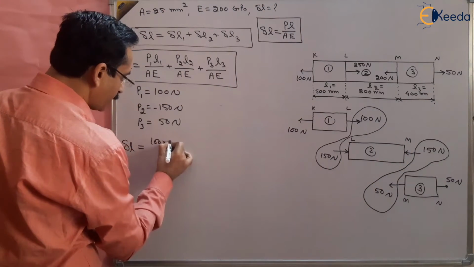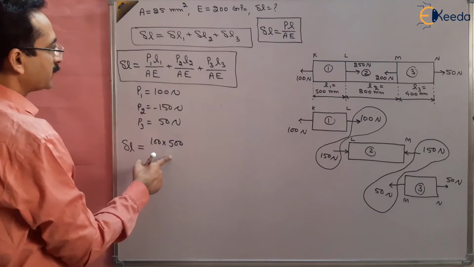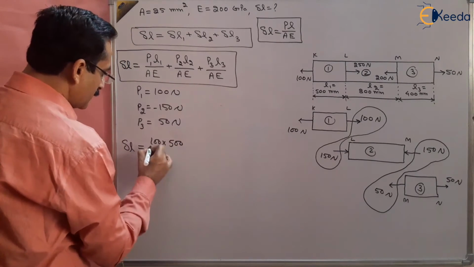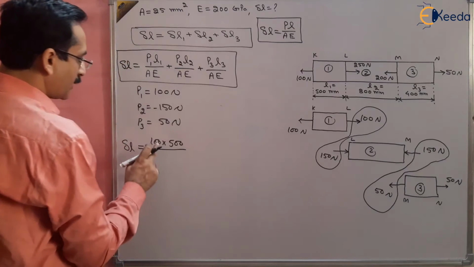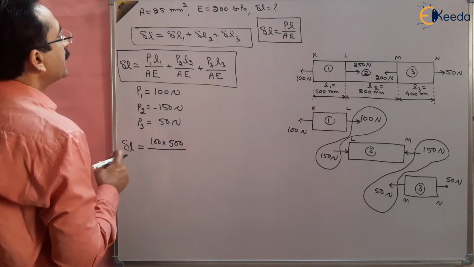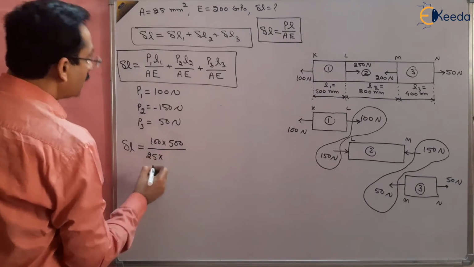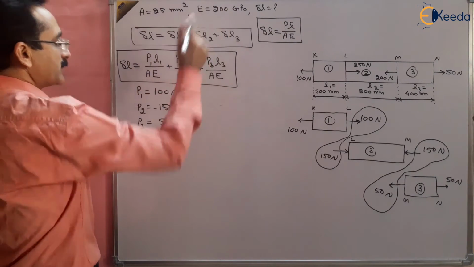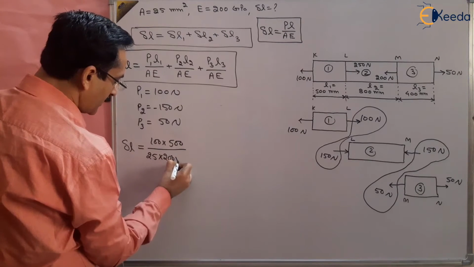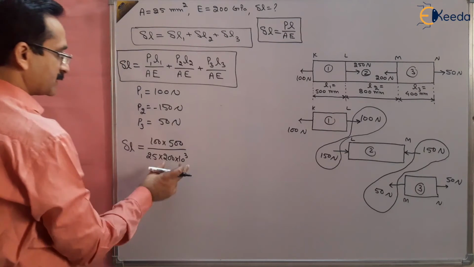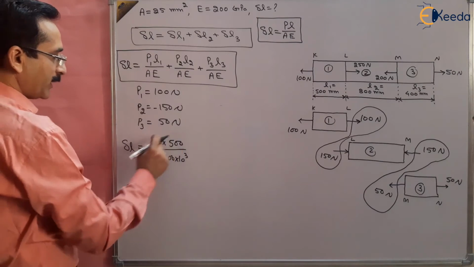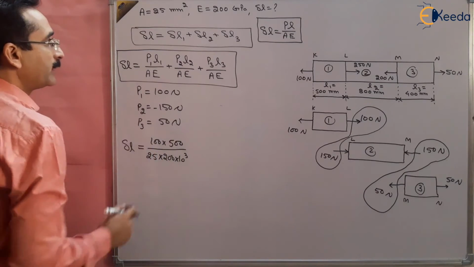So we are keeping lengths in millimeters so that the answer may come in millimeters, divided by area. Area is 25 millimeter square, we can keep 25, and E we can use in megapascal. So 200 multiplied by 10 to the power 3 megapascal, right? So the answer will come in millimeters now, right?